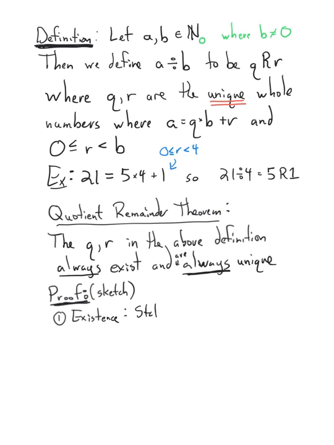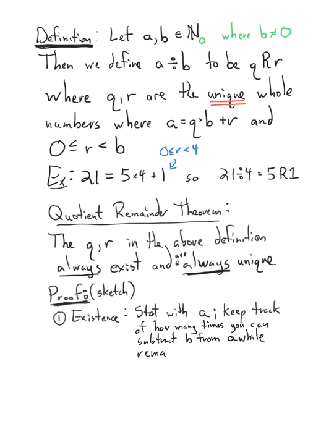Basically, start with your divisor, and keep track of how many times you can subtract B from A, and that gives you your quotient, while remaining in the whole numbers, of course.